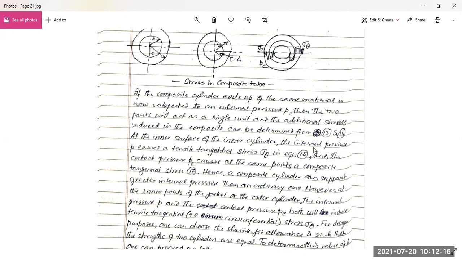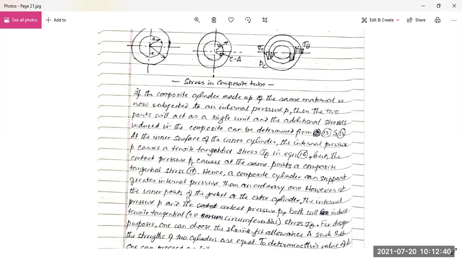But as they are shrink fit, there exists a contact pressure PC that causes at the same points a composite tangential stress. Here, a composite cylinder can support greater internal pressure than an ordinary one.